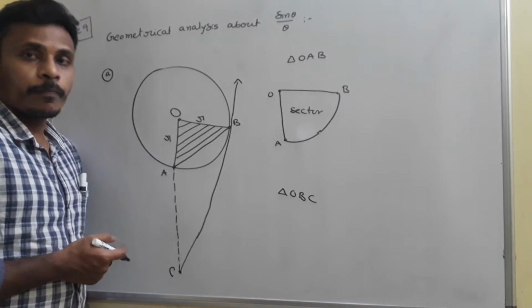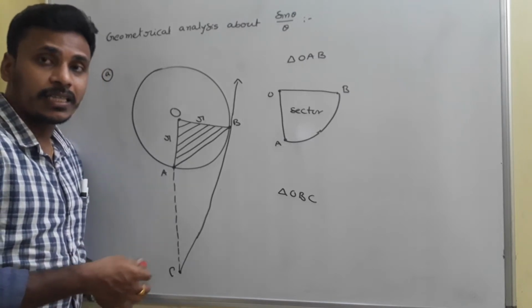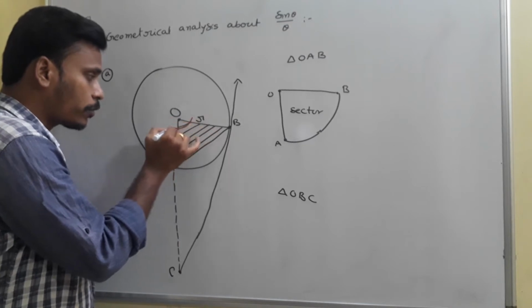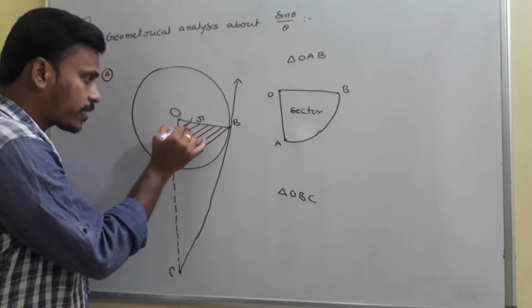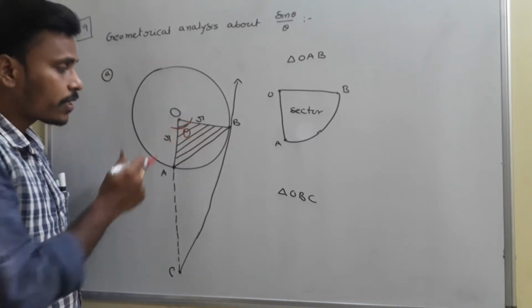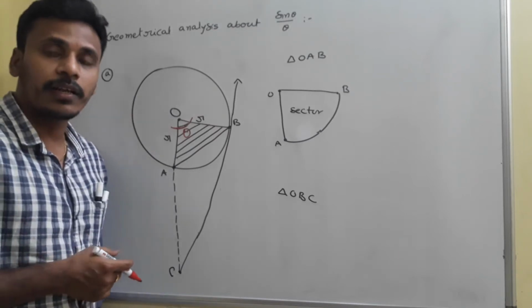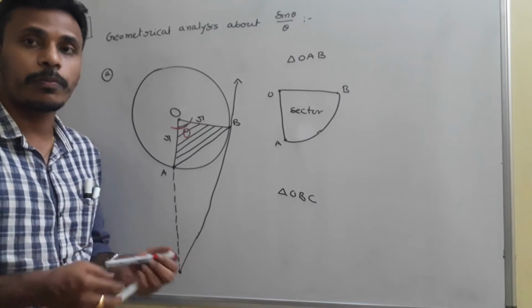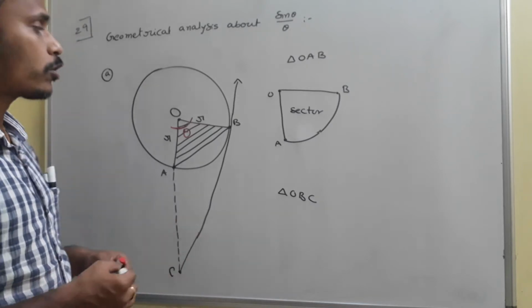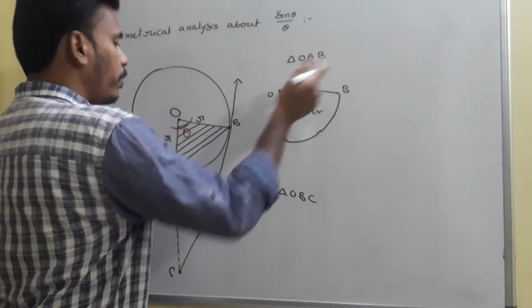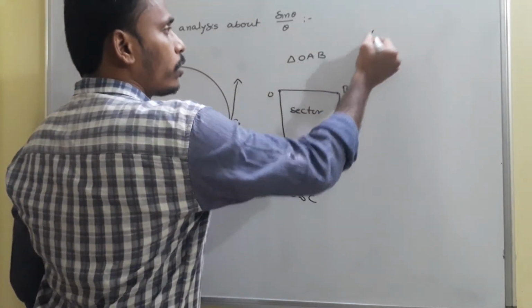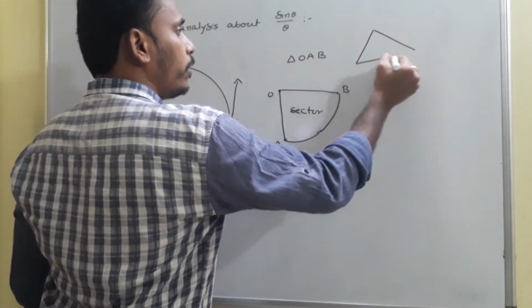First of all, consider the angle at the center of the circle as theta. Since the angle at the center is theta, what can you say about the areas of these three parts? First, triangle OAB.